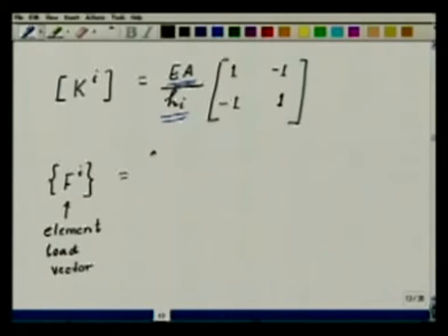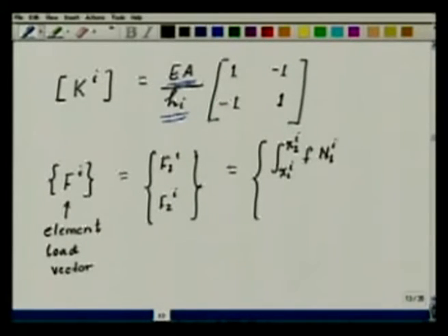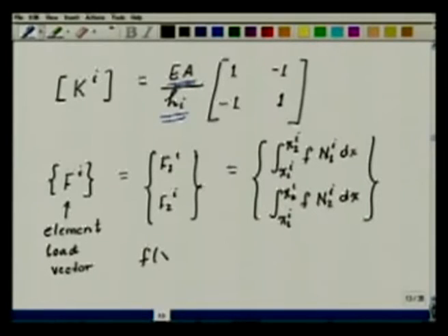This will be equal to F1 of I, F2 of I, and this will be equal to the integral from x1 of I to x2 of I of f n1i dx, and here also the integral over these limits of f n2 of I dx. Let us take the case that f(x) is a constant. As an example, let us say it is equal to f0.